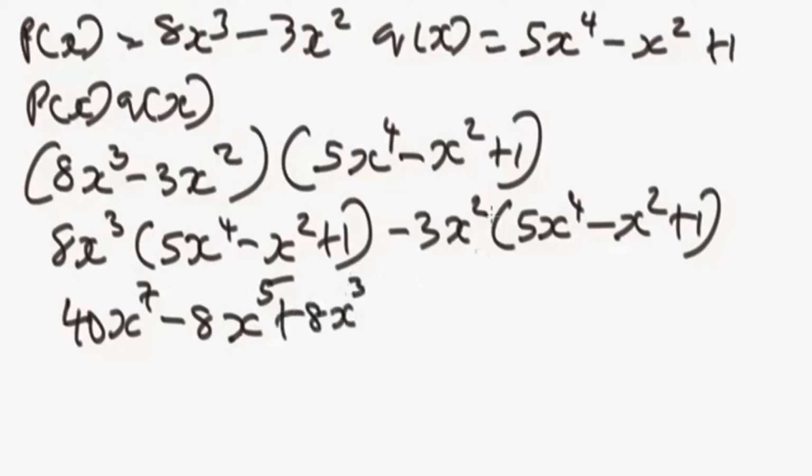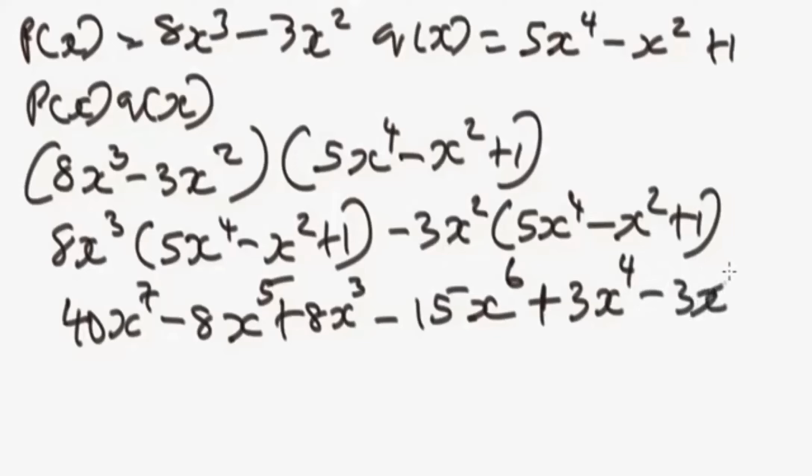Then you have minus 3x squared times 5x to the power 4, so you are going to have minus 15x to the power 6. Then minus 3x squared times minus x squared, you're going to have plus 3x to the power 4. The last one, minus 3x squared times plus 1, you're going to have minus 3x squared.